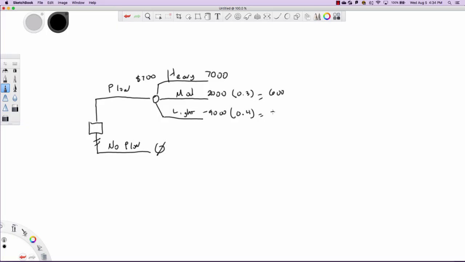If we do that arithmetic, payoff multiplied by your probability, we've got a potential loss of $3,600. And then again, all these probabilities need to add up to 100%, or just 1. So right now we're up to 70%, so we're dropping our heavy probability to 0.3.